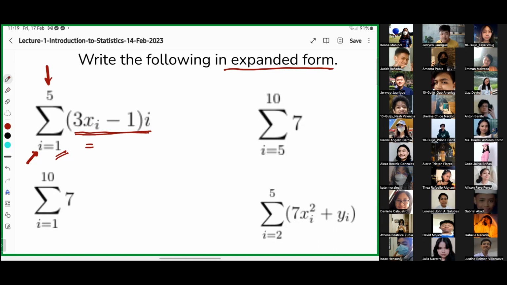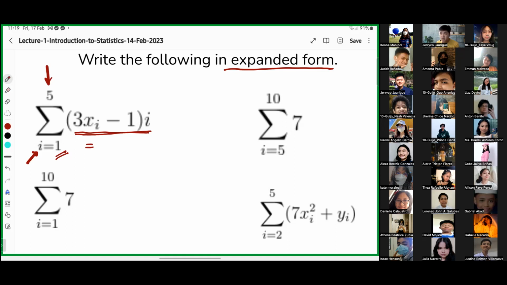Saan tayo magsisimula? Sa labas po. Hindi, I mean, anong number? Ay, sa 3? Bakit sa 3? Ayun ba yung lower limit natin for I? Saan tayo magsisimula ng pagsasubstitute? Anong number?